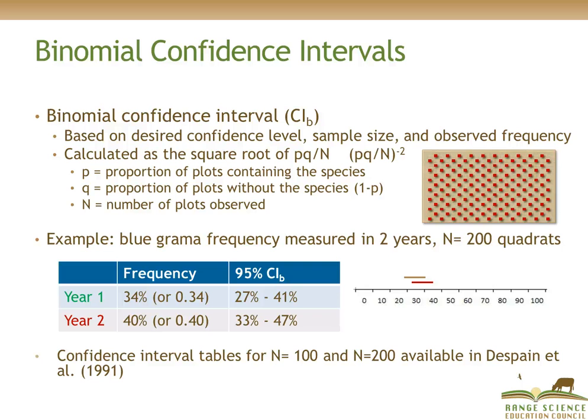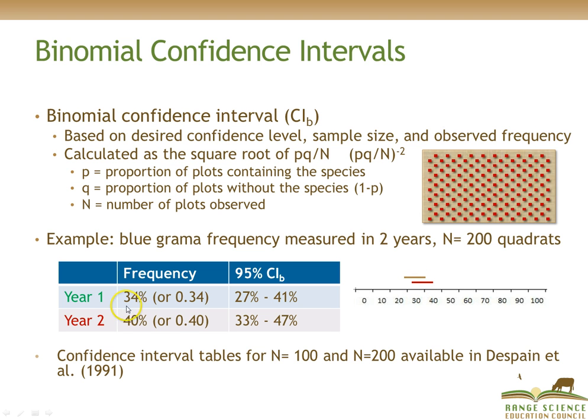Now, in order to determine whether we've got a real change, the question would be, without the confidence interval, you might say, well, is 34% different than 40%? By looking at these 2 confidence intervals, the first one for year 1 and this one for year 2, we would say that there is no difference in blue grama frequency because the confidence intervals overlap.